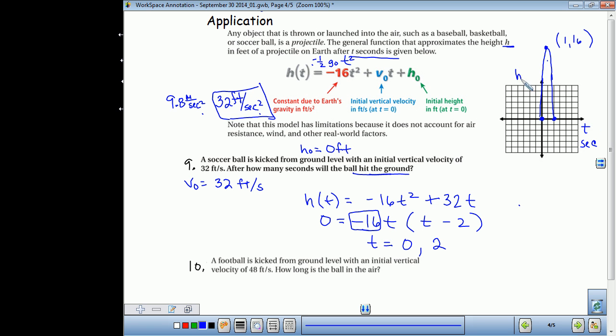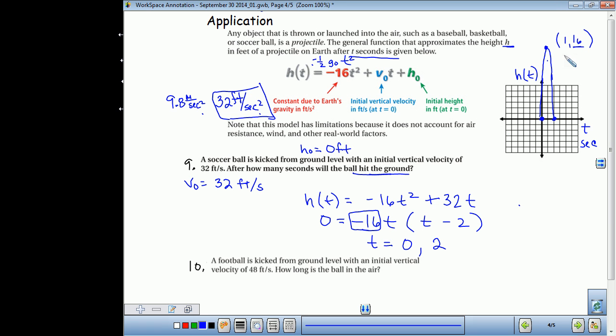This is the height of the ball with respect to time. So this is not the path the ball took, is it? No, it's just the height of the ball with respect to time. So that means it was kicked at time 0 and it landed 2 seconds later, and its path reached a maximum height of 16 feet.